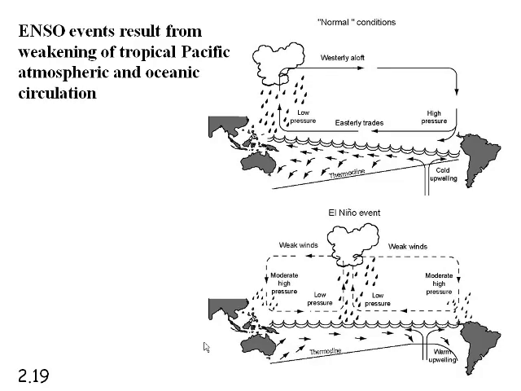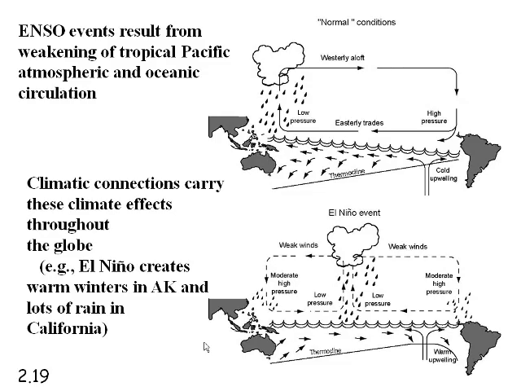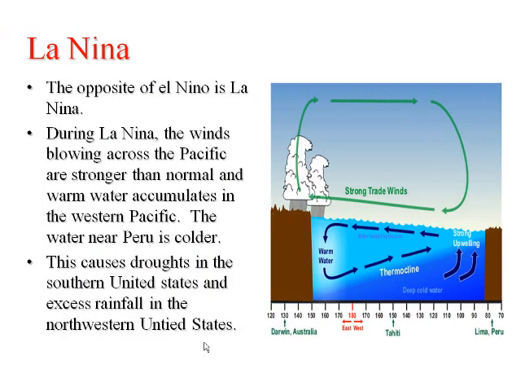Look at all those and summarize that. The connections throughout cause effects throughout the globe. For example, it creates warm winters in Alaska, lots of rain in California. El Nino creates unusual weather patterns for that area.